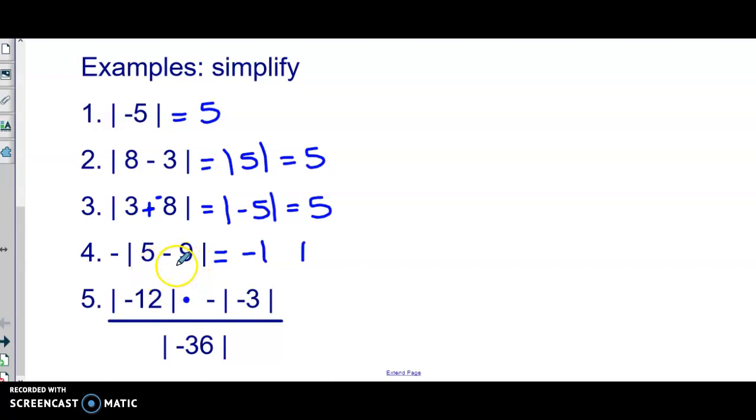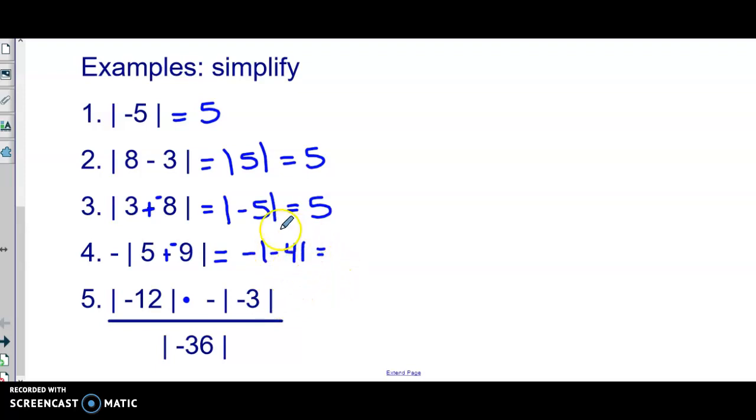So we have 5 minus 9. So we're going to keep, change. Keep the 5. We're going to change this minus to a plus. And then we're going to change this positive 9 to a negative 9. So we have 5 plus negative 9. 5 plus negative 9, when you simplify that, is negative 4.